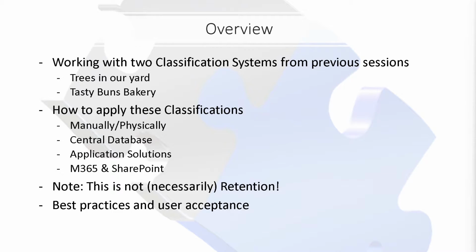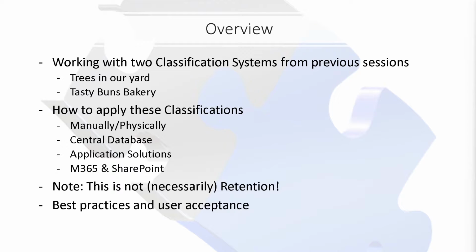Further to that, we'll build off Peggy Sigelberget and her small organization classification session last time. Within her session, she had a great example of a Tasty Buns Bakery classification. We'll actually use that classification later on as we work through the process of applying classification.